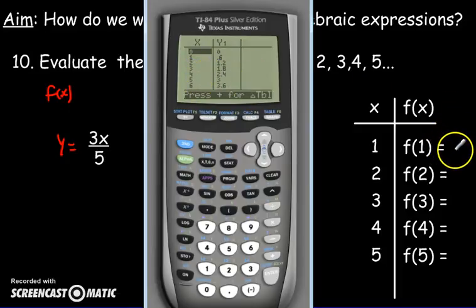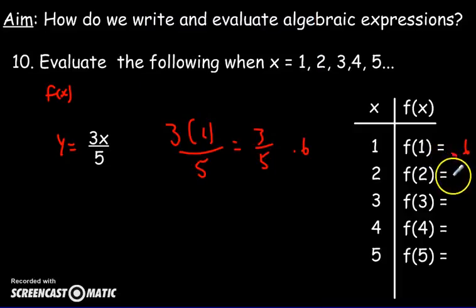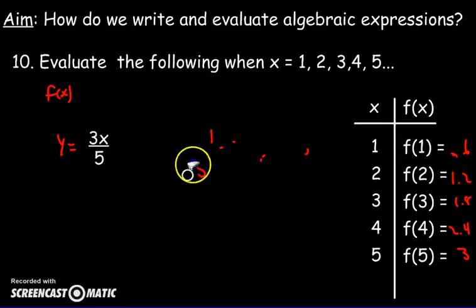So when x is equal to 1, we get 0.6 like we said, and then 1.2, 1.8, 2.4, and 3. Alright, so that's another way to use your calculator to evaluate expressions faster by setting them equal to y.